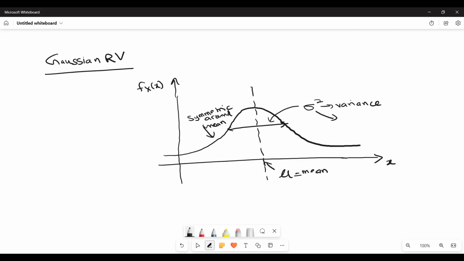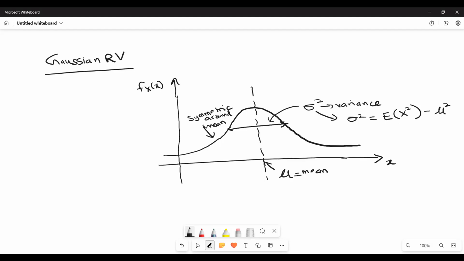I think in the last class we discussed variance and mean as well. Basically, variance is defined as the expected value of the random variable squared minus mu squared. We will get into it again today.